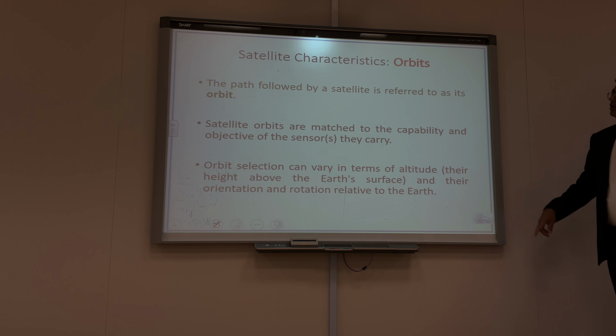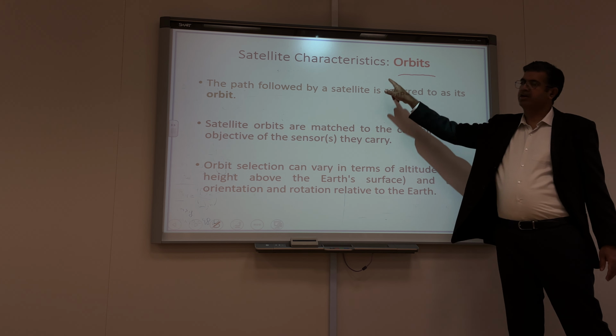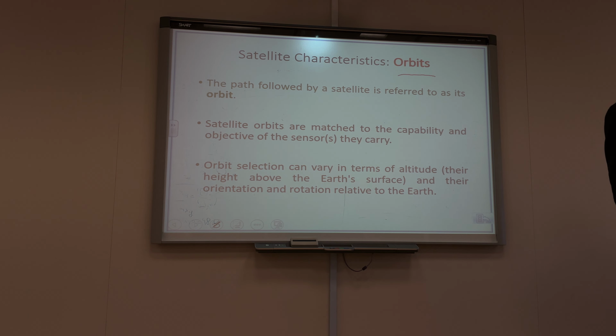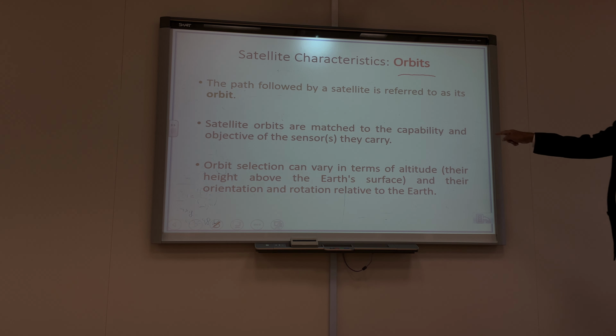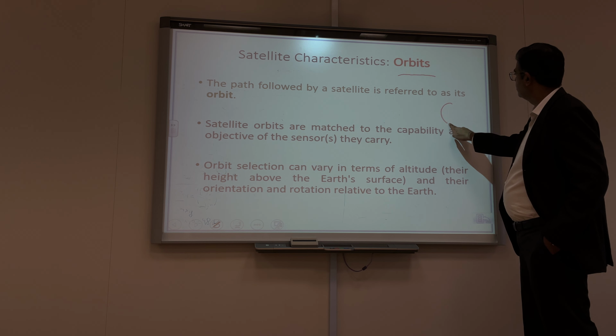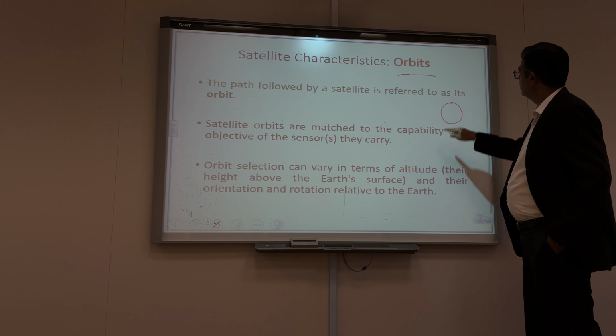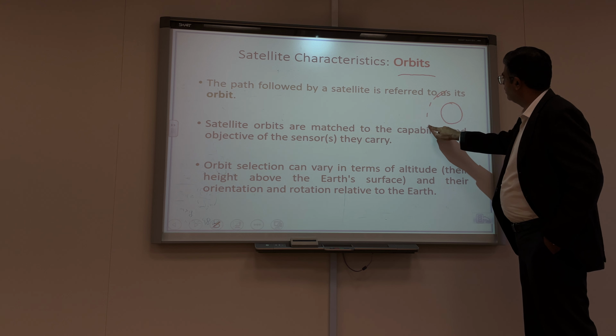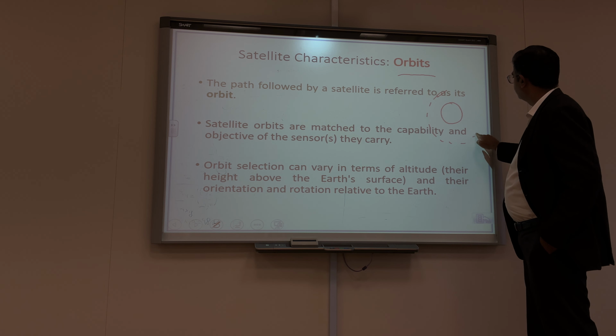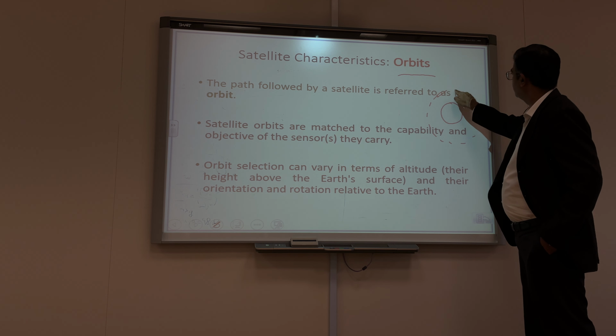Now, the first thing is the orbit of the satellite. What is the orbit? Orbit is the path followed by the satellite to move around the Earth. Suppose this is the Earth and this is the satellite. That satellite is moving in a fixed path around the surface of the Earth.